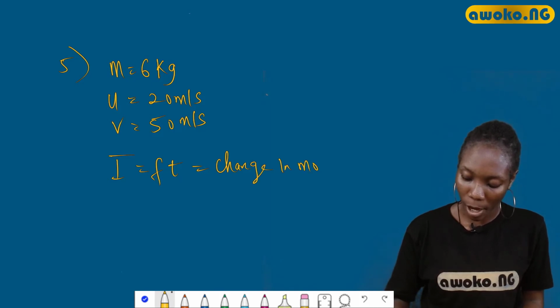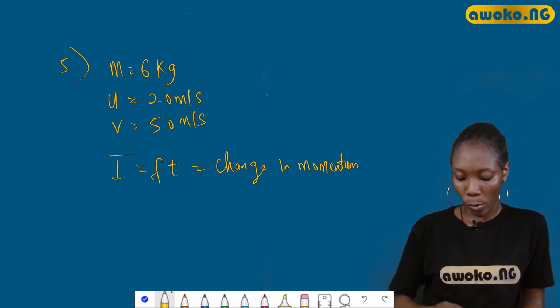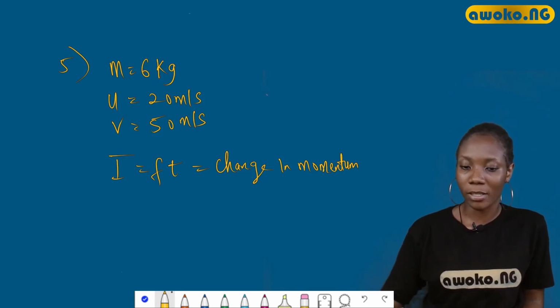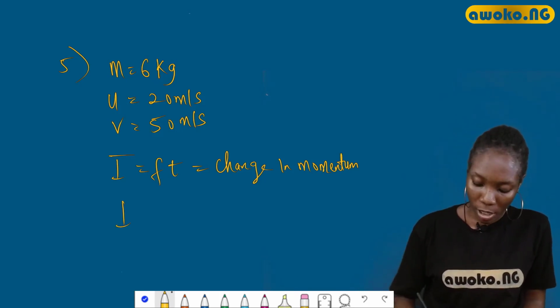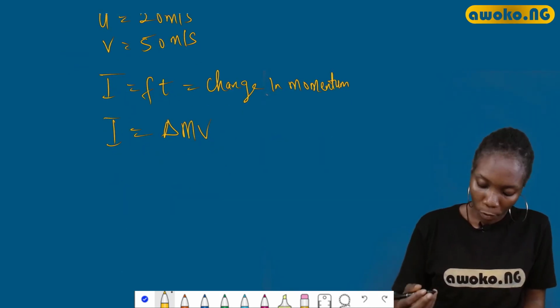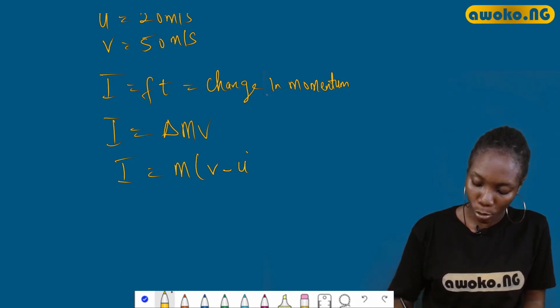So I wrote this down at the beginning of the class. Now, we're not given force, we're not given time, so that one does not concern us. So we'll just take the second part of it, which therefore impulse is equal to change in momentum. So that's how you put it. If you open this up, you have I equals m(v minus u).